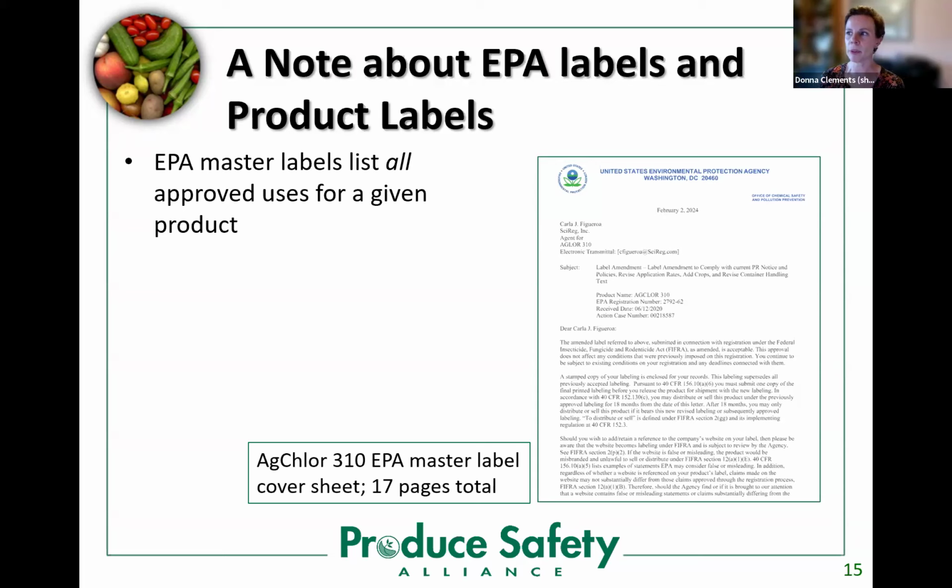What that master label does is it lists all approved uses for a given product. Some of these labels are 60, 65 pages long. Some of them, like Clorox, some of the BioSafe ones like Sanidate 5, are quite long, because that lists all uses that could be approved for that given product.